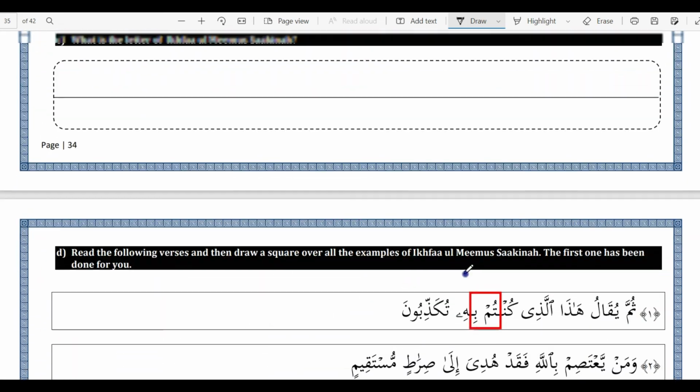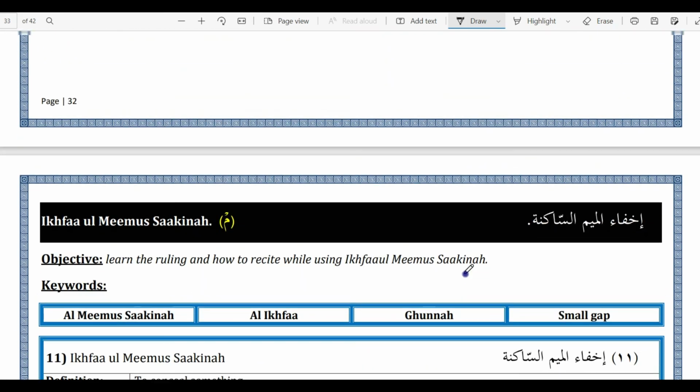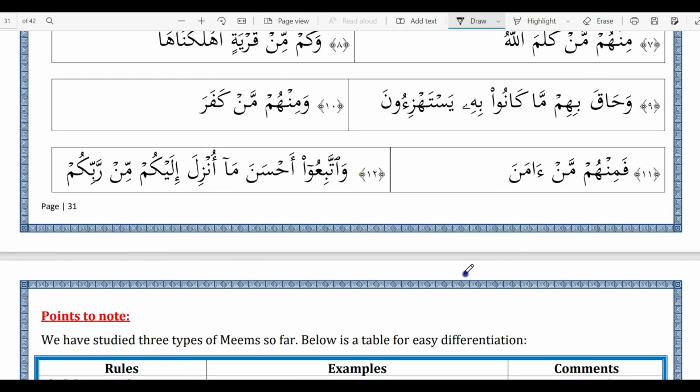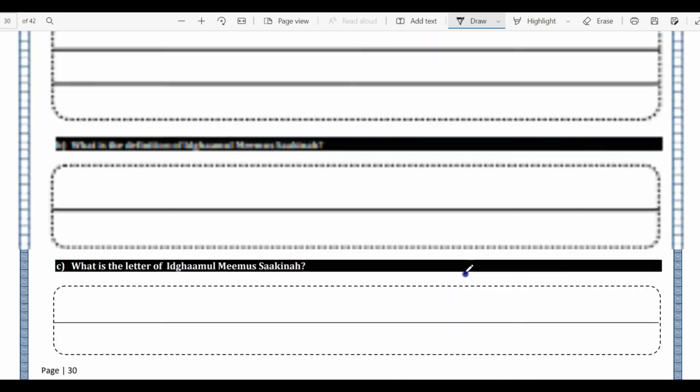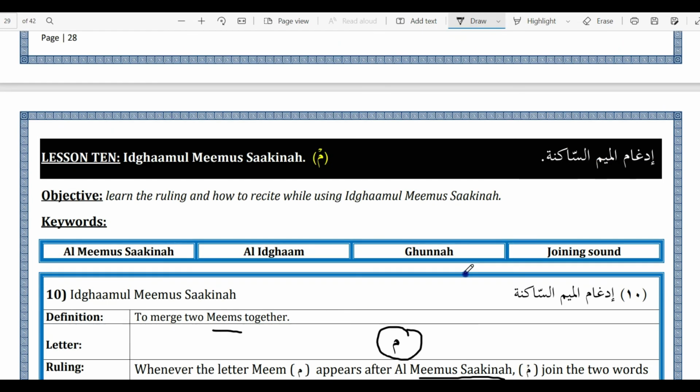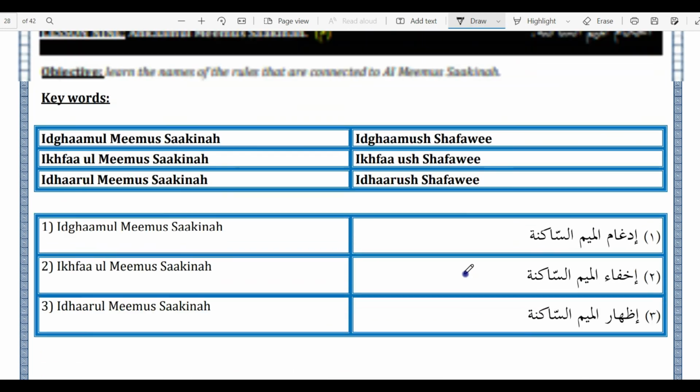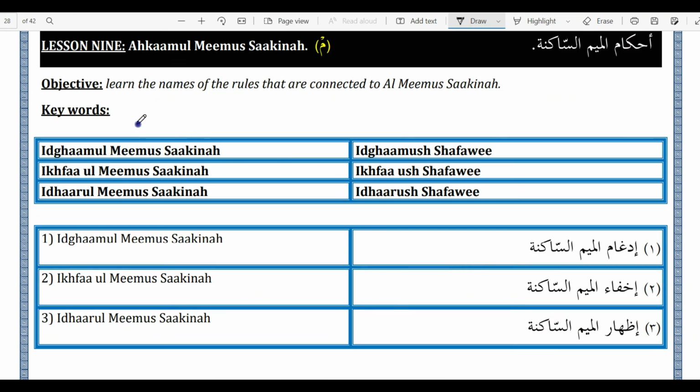So let's go back to the beginning of Ahkaamul Meemus Saakinah. It has three parts. First is Idghamul Shafawi, Ikhfa'ul Shafawi, which is Ikhfa'ul Meemus Saakinah, and Izharul Meemus Saakinah, Izharul Shafawi.